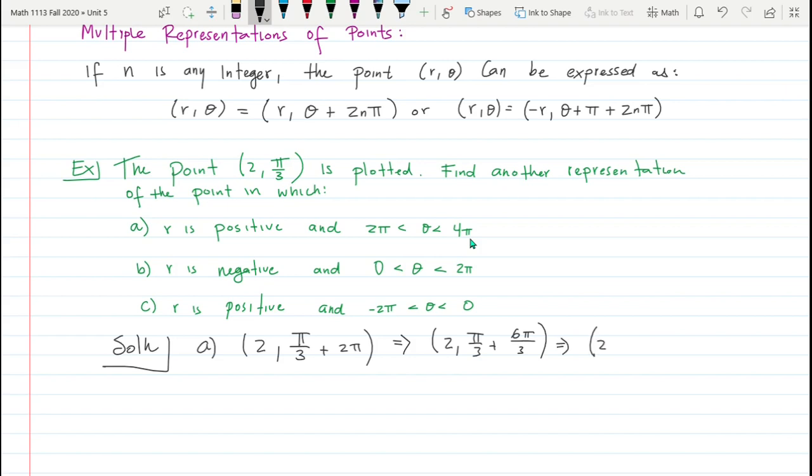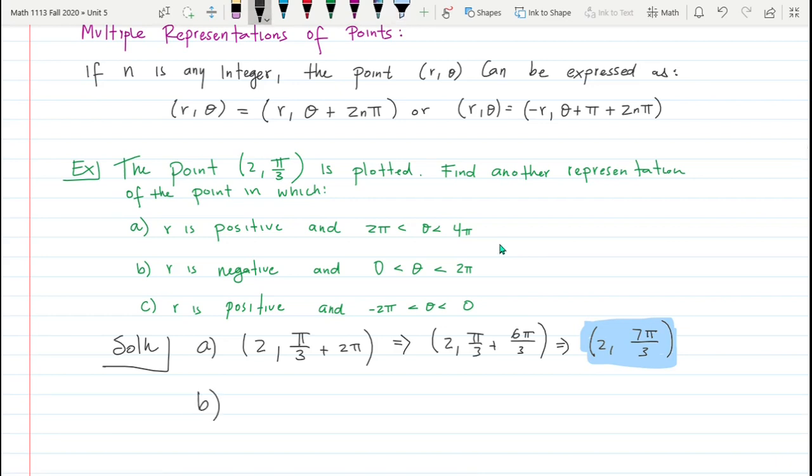So 2 comma 7 pi over 3. So this that I have highlighted here is equivalent to the point 2 comma pi over 3, except the angle is now between 2 pi and 4 pi. Okay, cool.